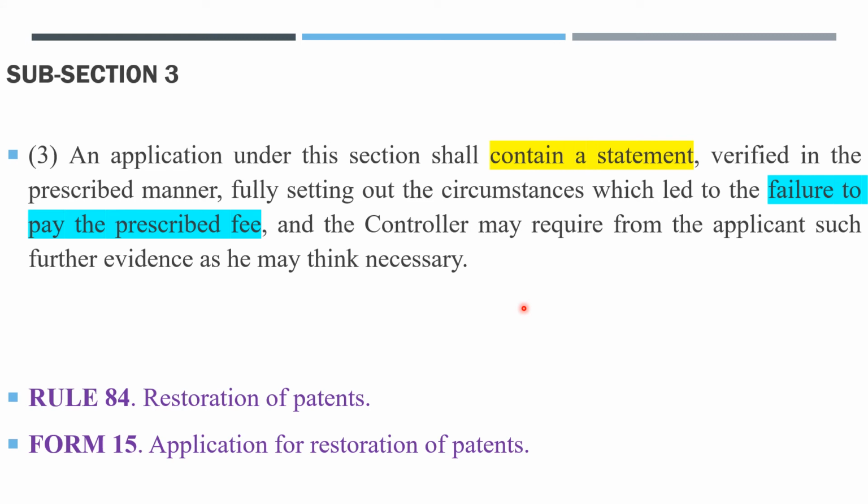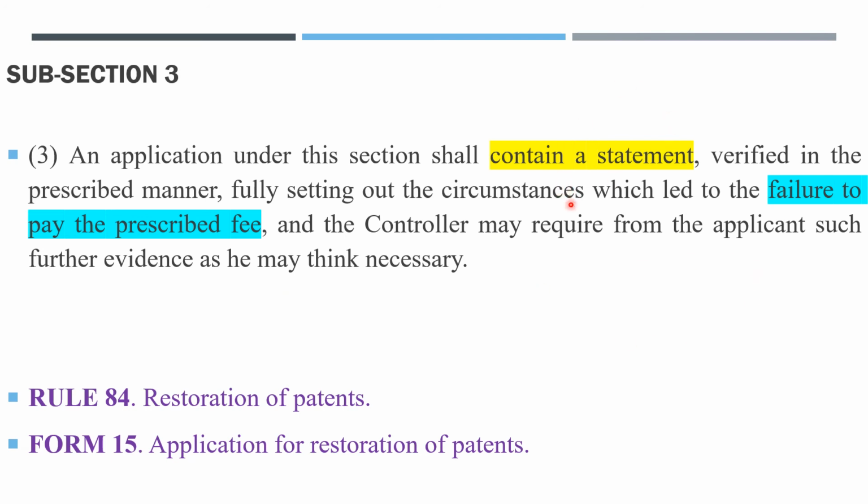That means if the payment is not done, valid reasons and valid circumstances must be mentioned in the statement. And the controller may require from the applicant such further evidence as he may think necessary.